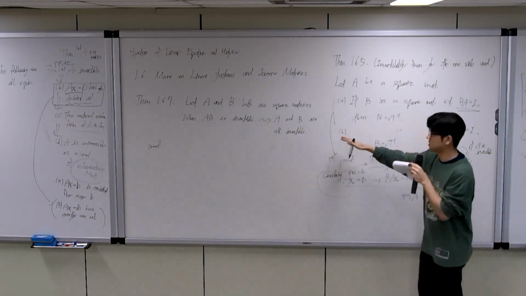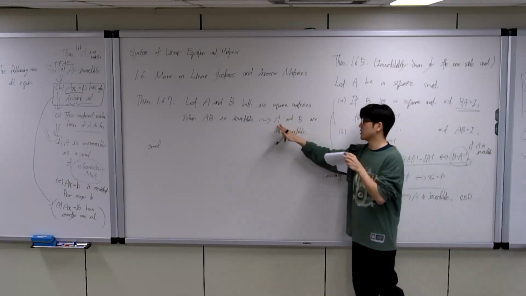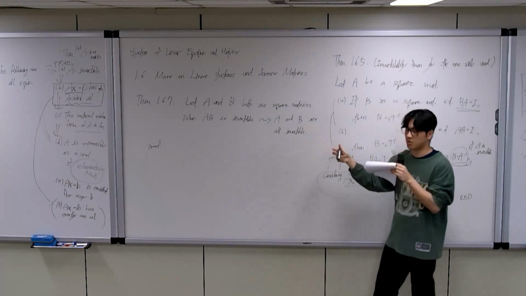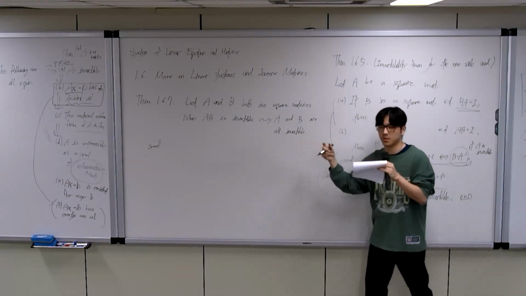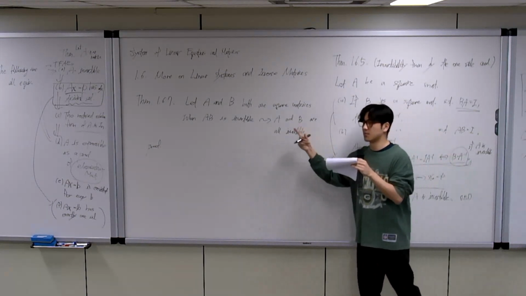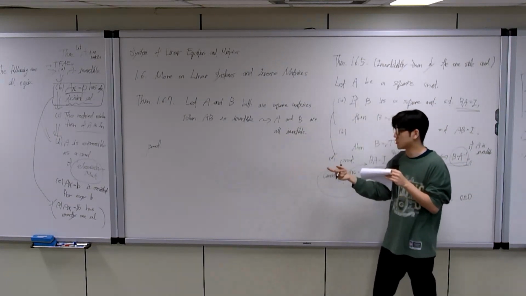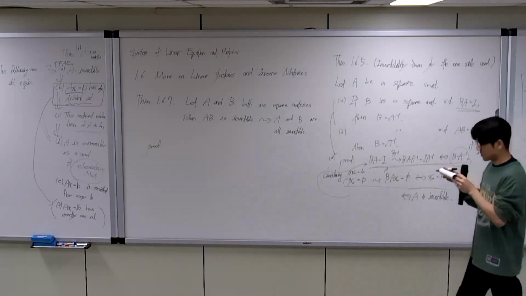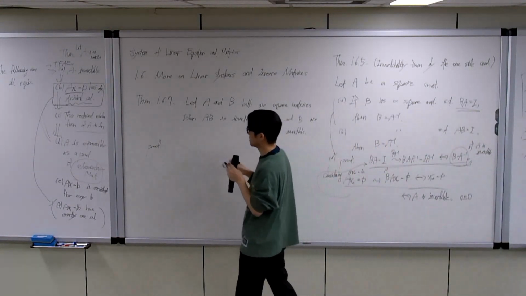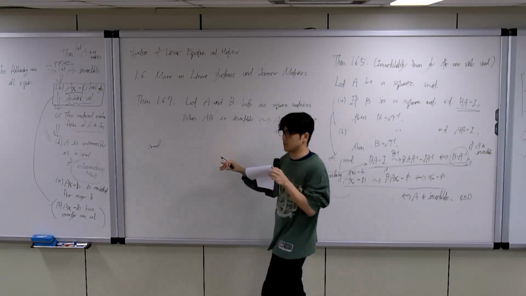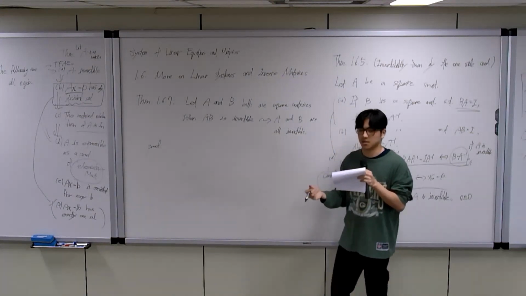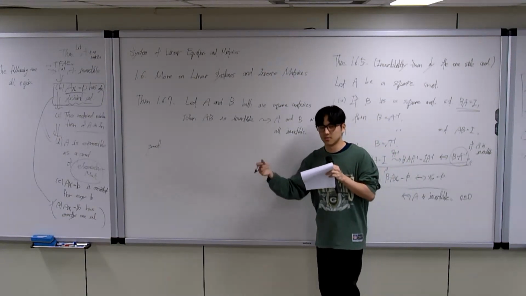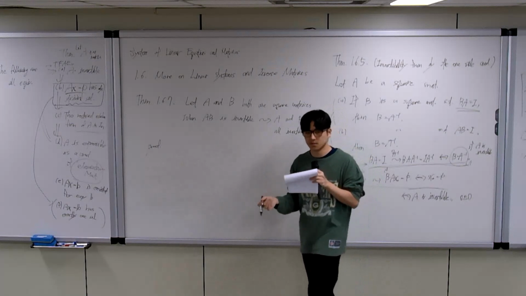So this means if there is at least one non-invertible matrix, then by multiplying the matrices, the result matrix is also non-invertible. And it also means every invertible matrix comes from the identity by some elementary row operations.